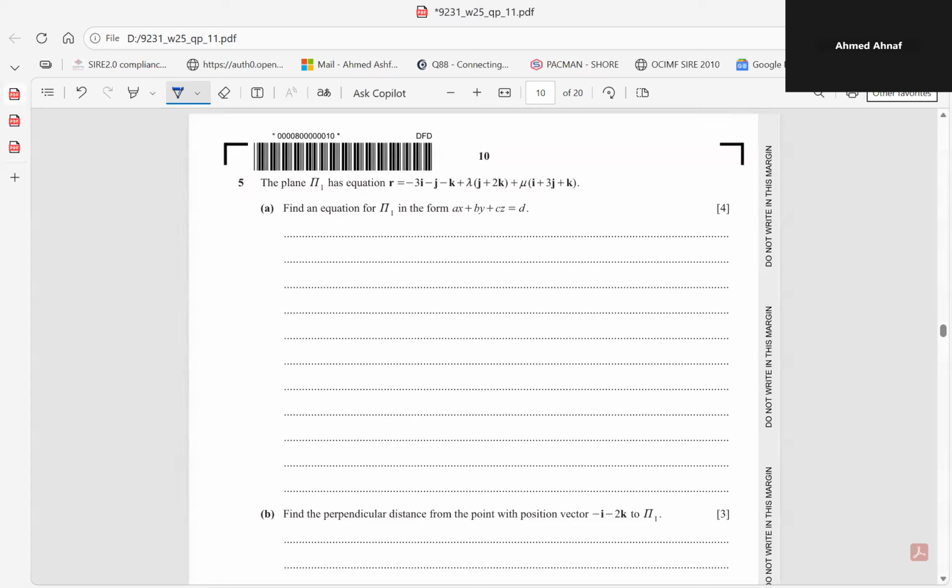Okay, so for this question, we're told that the plane pi1 has this vector equation. And for the first part, we need to find the equation for pi1 in this form. So we need to find the Cartesian equation of pi1. To find the Cartesian equation for any plane, you need to first take two direction vectors on the plane.